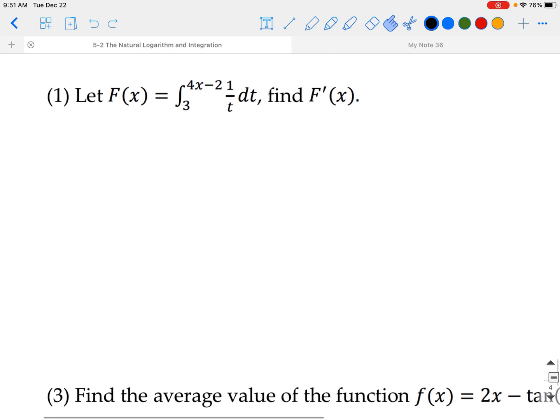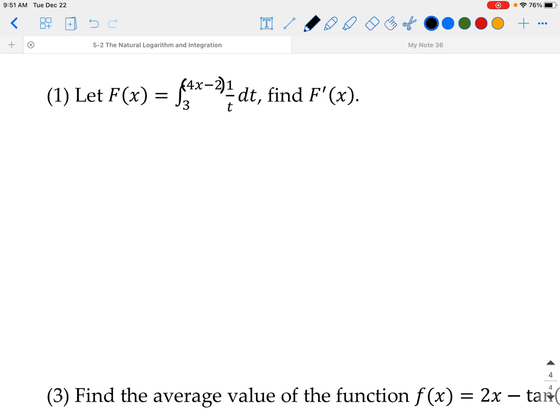So on the left, we can see that we've got f of x is the integral from 3 to 4x minus 2 of 1 over t dt. So this one we could integrate if we wanted to, but again, that fundamental theorem gives us a nice shorthand for evaluating this.